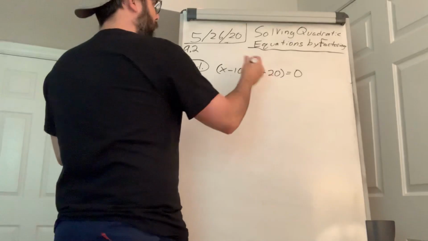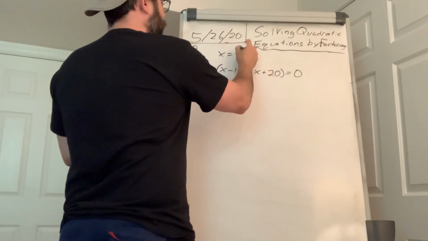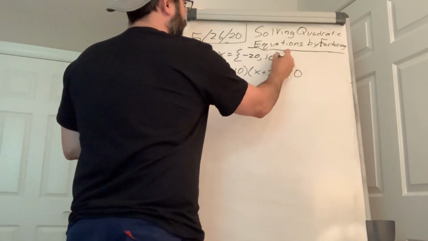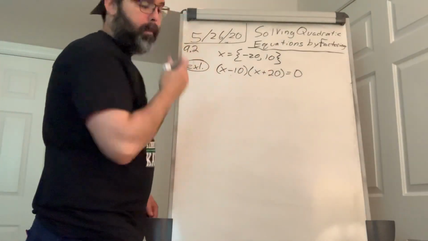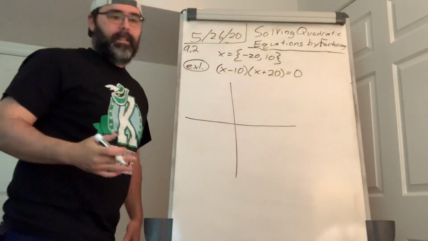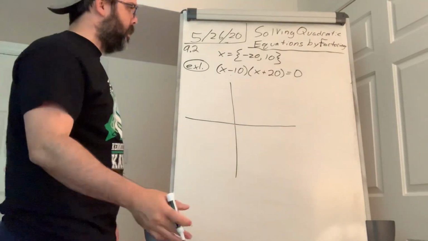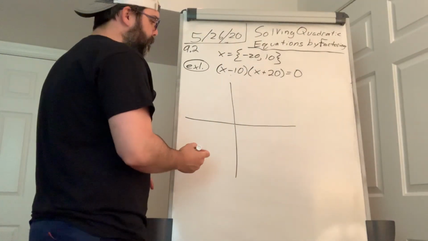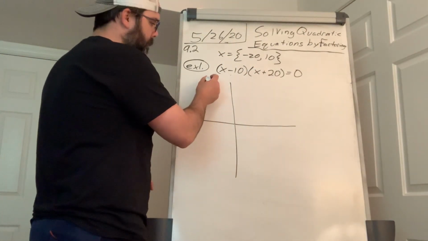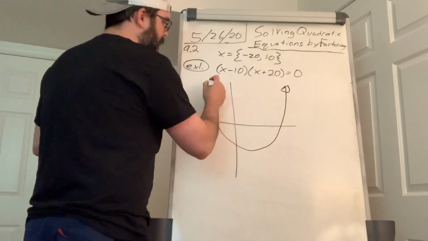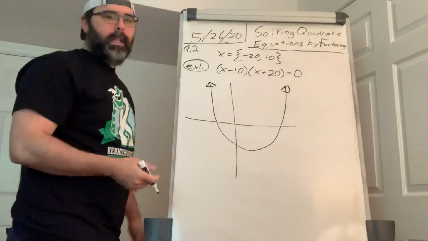And I'm going to write x equals negative 20 and 10. Just keep that in mind. So if I were to graph this, and I'm not going to actually graph this, take the time and draw a nice graph, but I just want to show you this. If you were to graph this, you'd have a parabola that looks something like that.